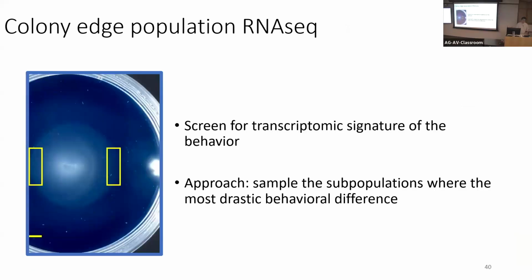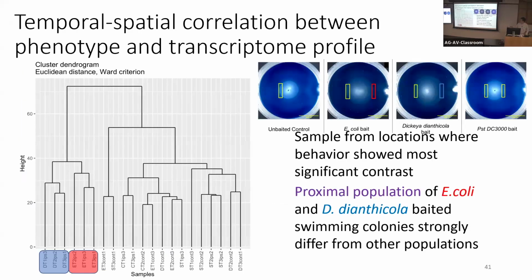Since we're seeing that much difference in behavior of these two edges, we're now interested in whether we can find any genetic markers for them. So the approach we took here is we want to sample those edge populations and see if we can find a transcriptomic difference. And indeed we do.